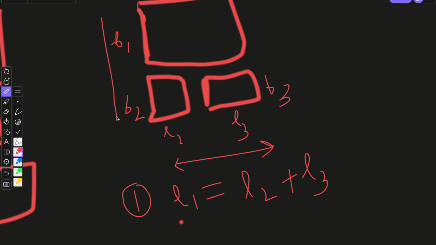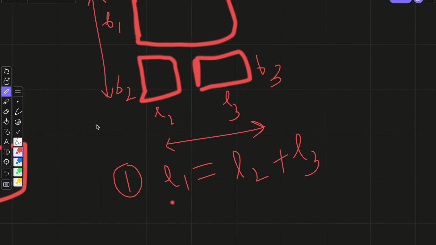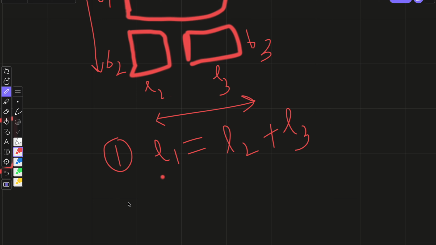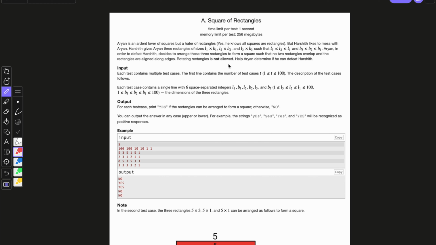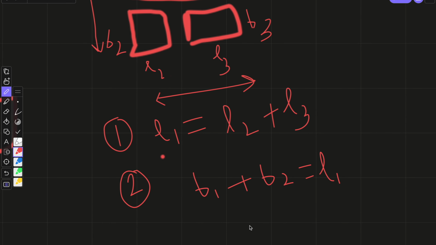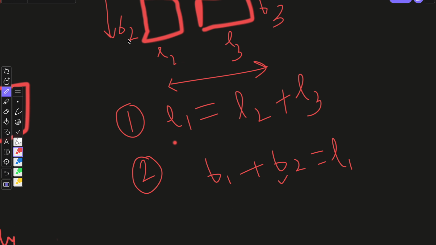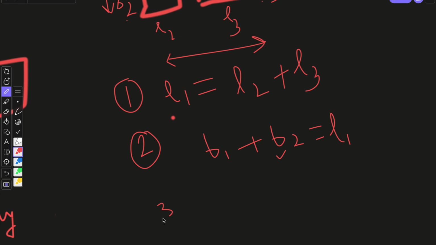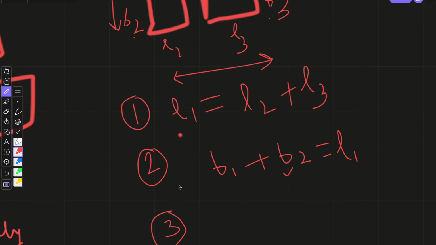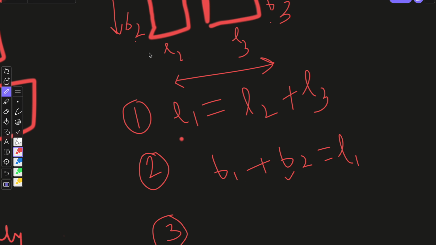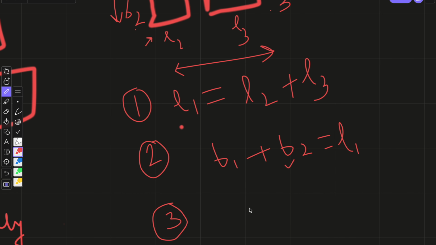Let's take the other side. B1 plus B2 must be equal to L1, and for it to happen, B2 must also be equal to B3, because it won't work if the breadth of one rectangle is unequal to the breadth of the other.